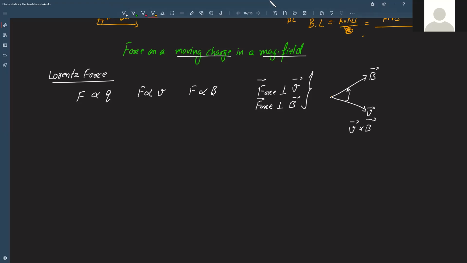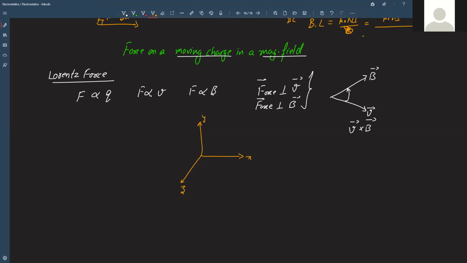So suppose, let me draw this XYZ plane, then you will be able to understand better. Suppose this is the X axis, this is the Y axis, and this one is the Z axis.